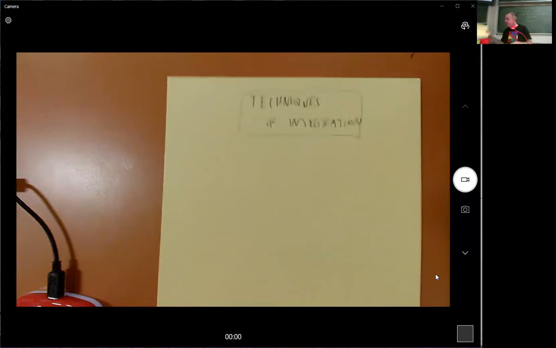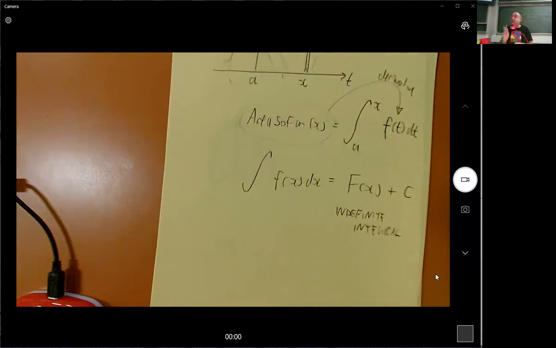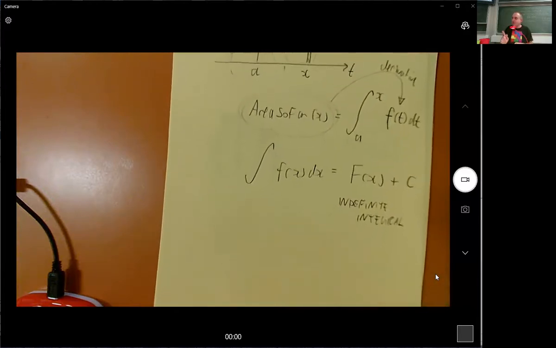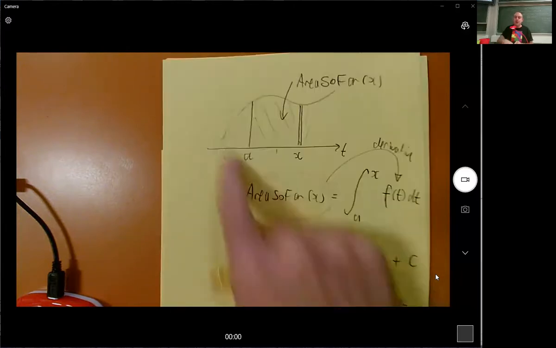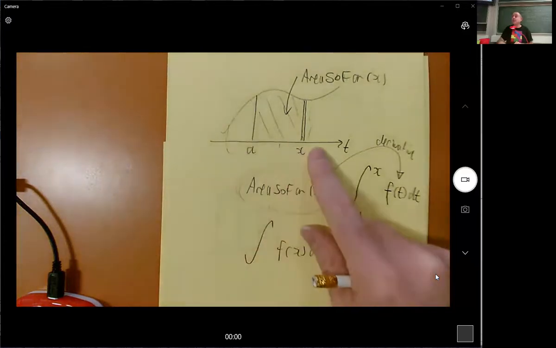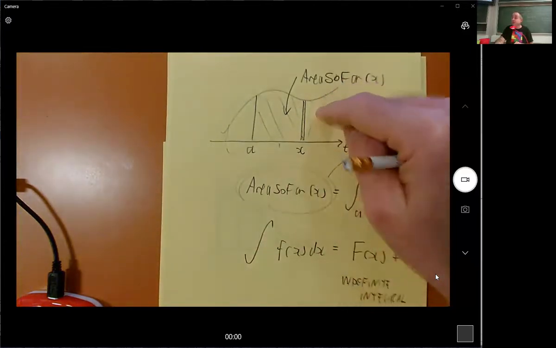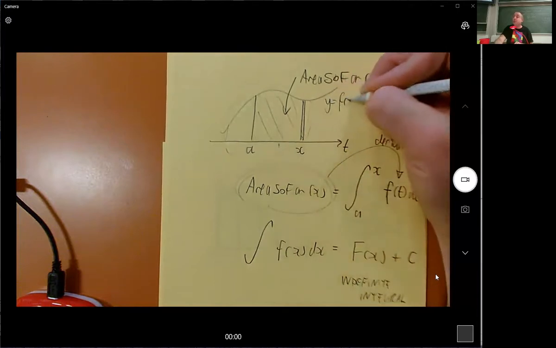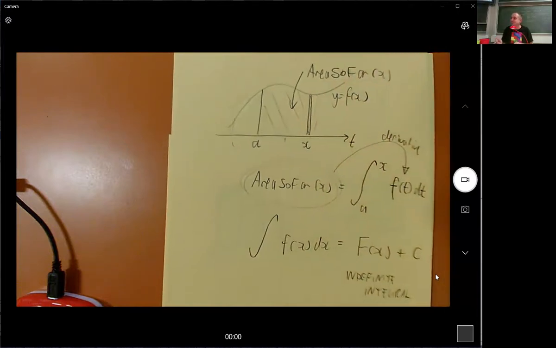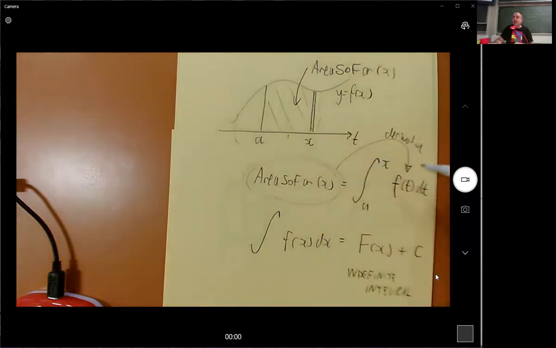Oh, wait. Not there yet. One more thing. If you want to figure out what this area is, and you know that the running total area function is one of the antiderivatives of the function y equals f of x, that's what we know from the fundamental theorem of calculus, that the derivative of the area so far is that.